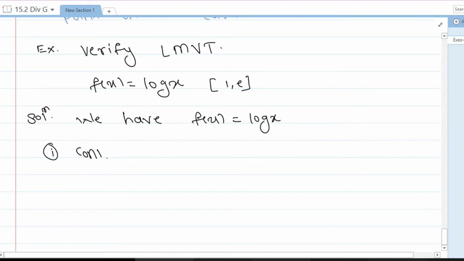First condition, we have to check continuity. Now, given region is positive region and we know that log function is continuous in positive region.